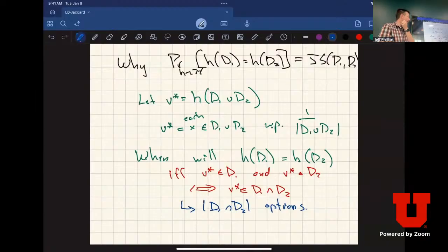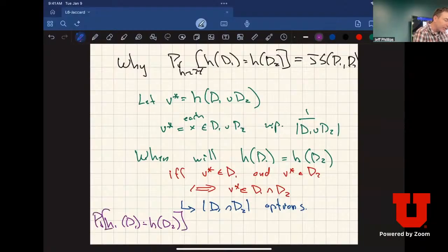So that means the probability that H of D1 is equal to H of D2 is equal to the cardinality of D1 intersect D2 divided by the cardinality of D1 union D2.